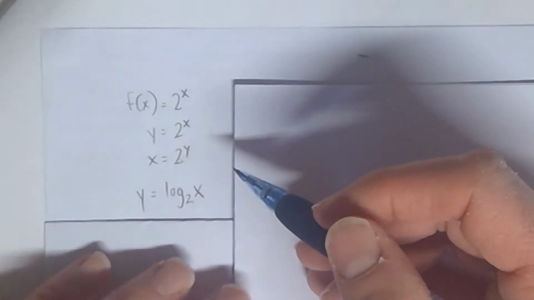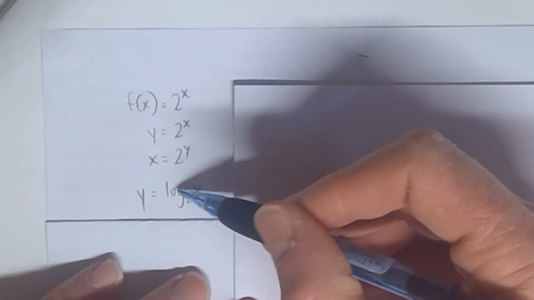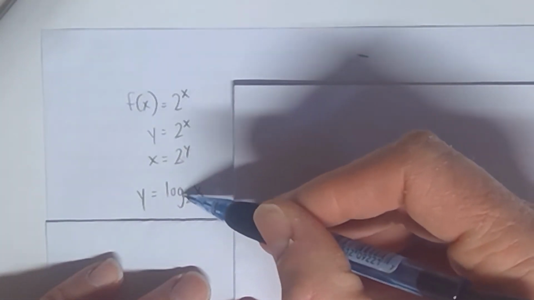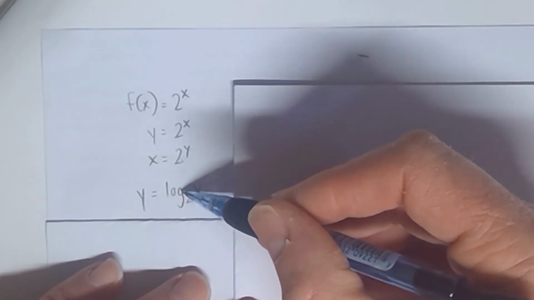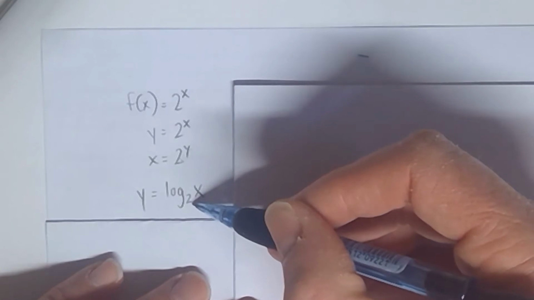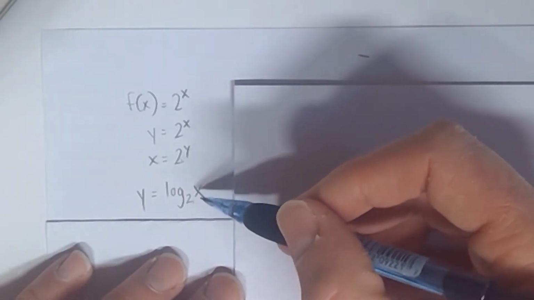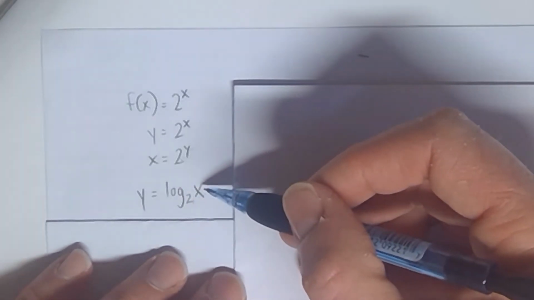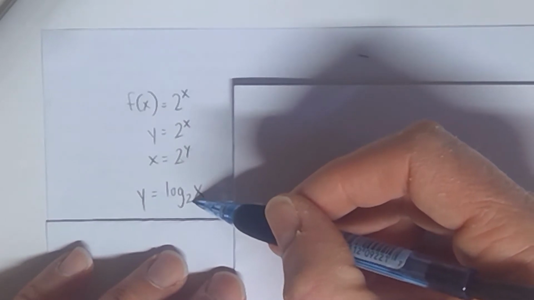So rearranging to get y by itself, what they do is they say log, and they put the base underneath the g. Notice it's not on the same level as the g and the x; it's a little bit below, so we don't get it mixed up with the log and the x. That's the base down below.